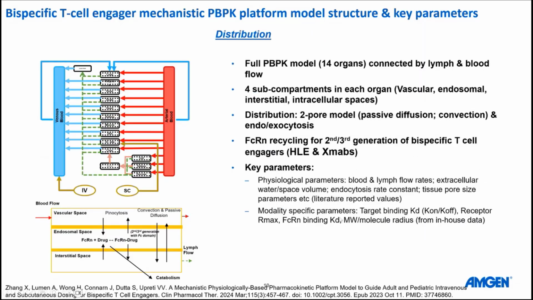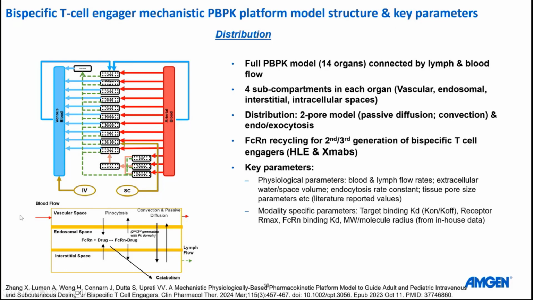So for distribution, like I said, we use the full PBPK model structure, and it includes around 14 organs interconnected by lymph and blood flow. So within each organ, it's further divided into 4 subcompartments: the vascular space, the endosomal space, the interstitial space, and the intracellular space.